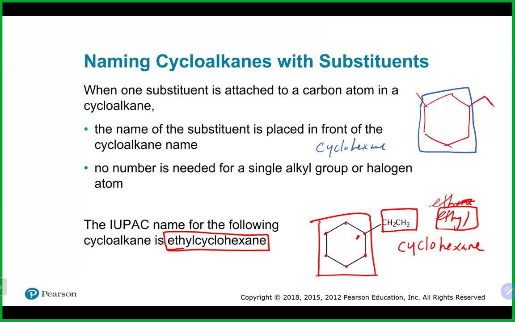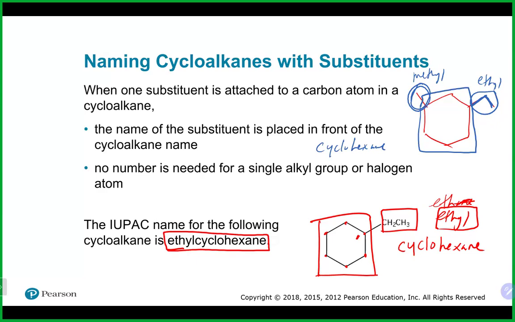Now we do have over here a 2-carbon group, which is our ethyl. And over here, just a lonely line hanging out, which means there's a carbon at the end of that, and that's going to be a methyl group. In this case, though, we actually do need to give some numbers because there is more than one thing attached.